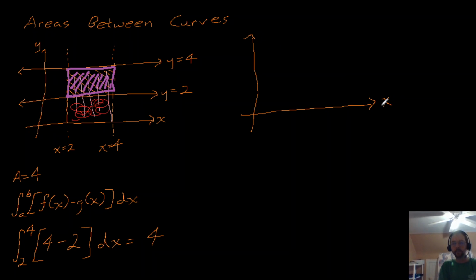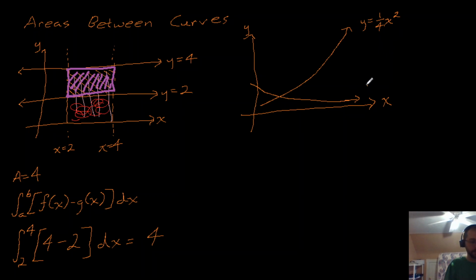This is x, this is y, and here I want my curves to be, I'll try to sketch these somewhat correctly. These go on forever, of course. So this upper one I want to be y equals 1/4 x squared.